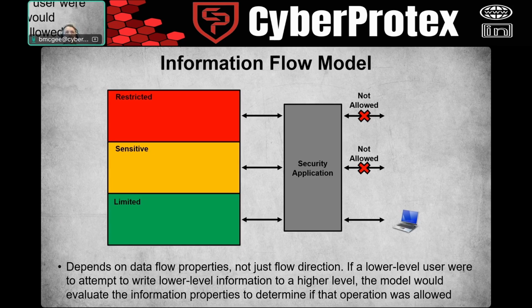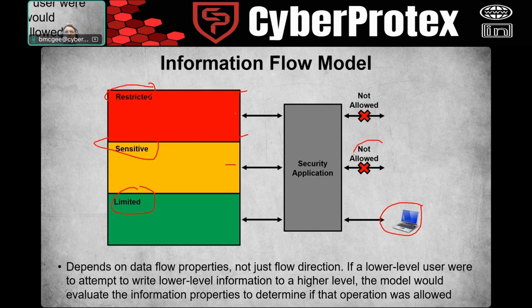Well, there would be almost like the constraints of the information flow. If we put a label on it of restricted or sensitive or limited, and somebody has access only in a limited capacity, if they're trying to access sensitive information, they would not be allowed.